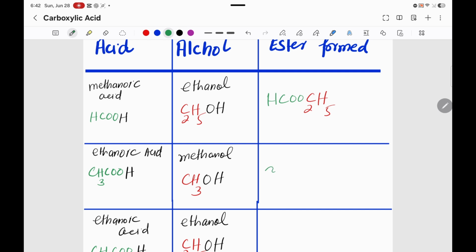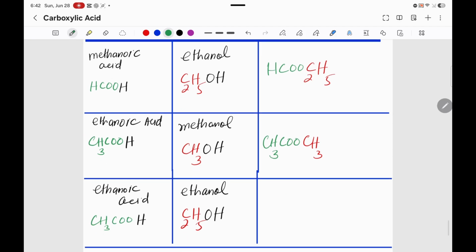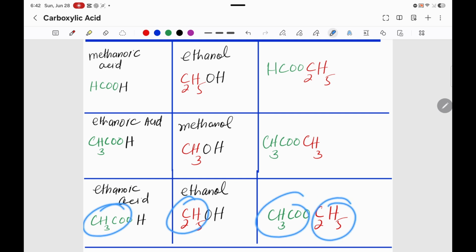Then CH3COO and CH3. Again, first part is from the acid, second part is from the alcohol. Lastly, CH3COO C2H5. First part is from the acid, second part is from the alcohol.